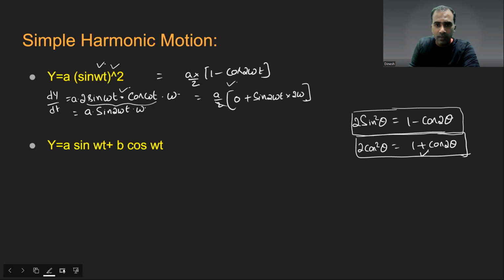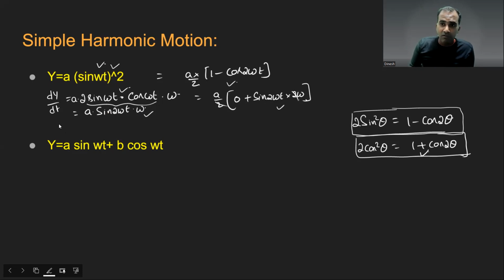The 2 and 2 can cancel. Are we getting the same result or not? Both ways, a sine 2 omega t into omega. Same result, no? So don't worry, whatever idea you get, any idea will work as long as you do it correctly. Okay, so we got dy by dt.